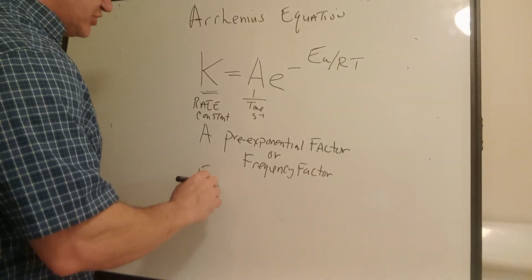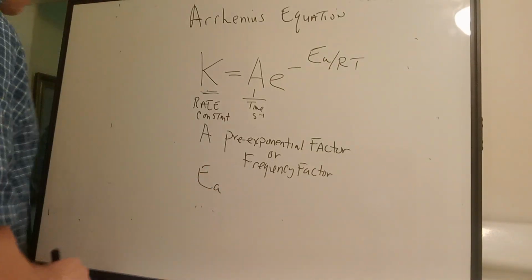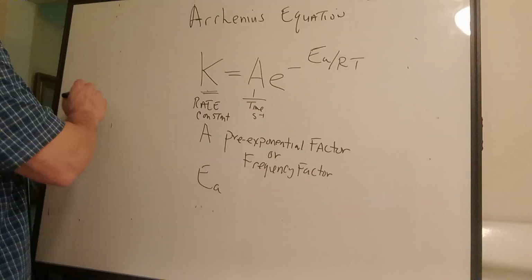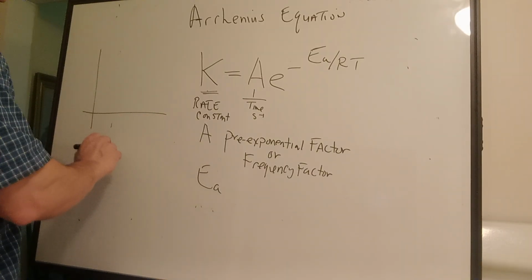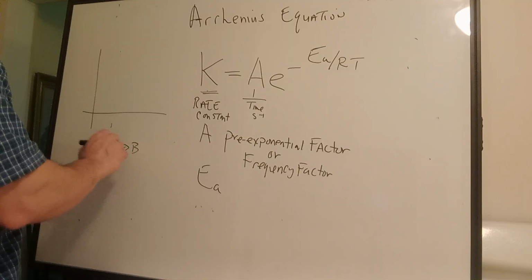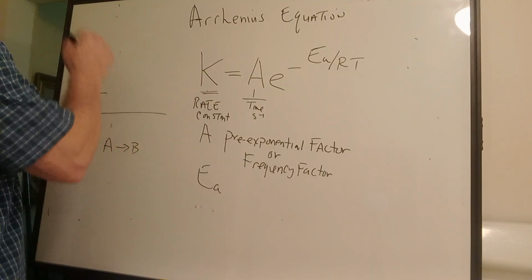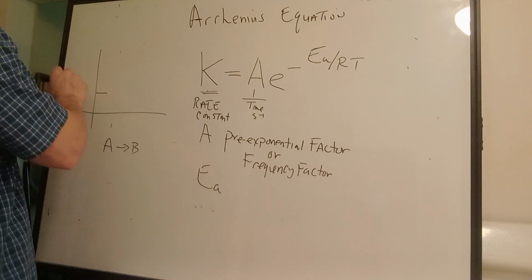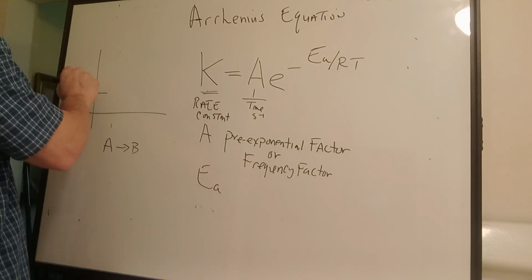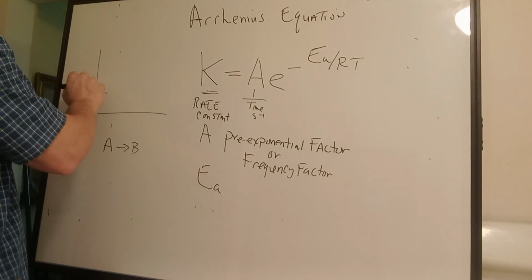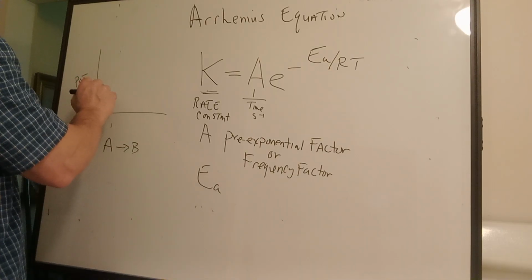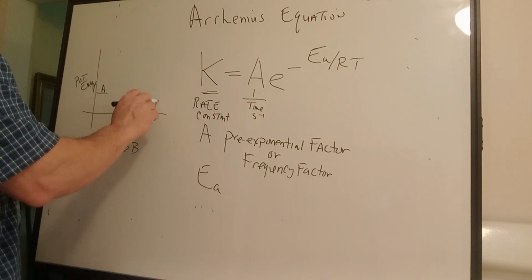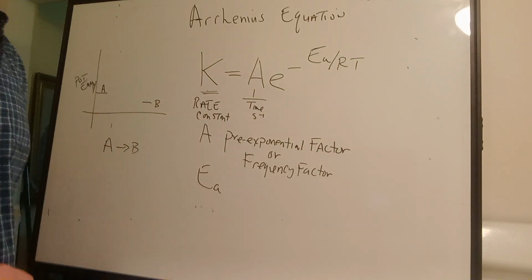That's activation energy. And that's basically, if you think about it, you have a reaction going, let's say, A to B. And so you start off over here. Let's just make this potential energy of some form. You start off with A, and let's say B is lower energy. For the sake of argument, it doesn't have to be.